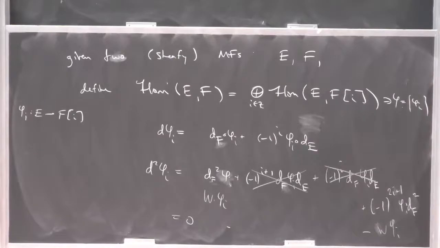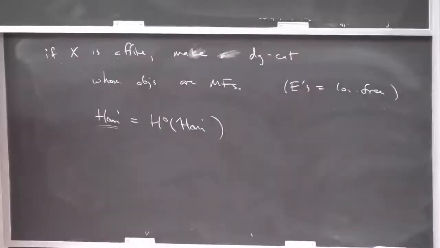Taking H0 of this will give you exactly chain complexes mod chain homotopies. It will give you the sort of thing we considered yesterday.